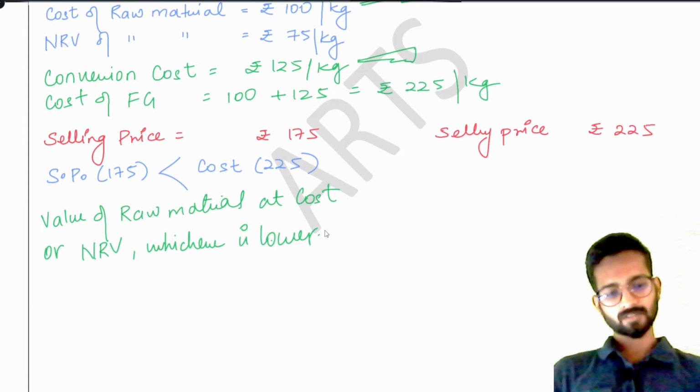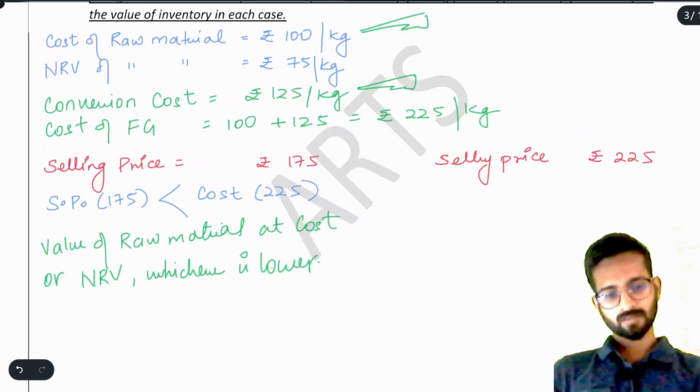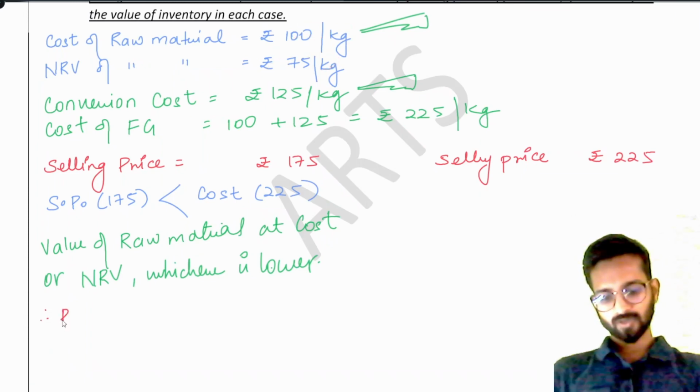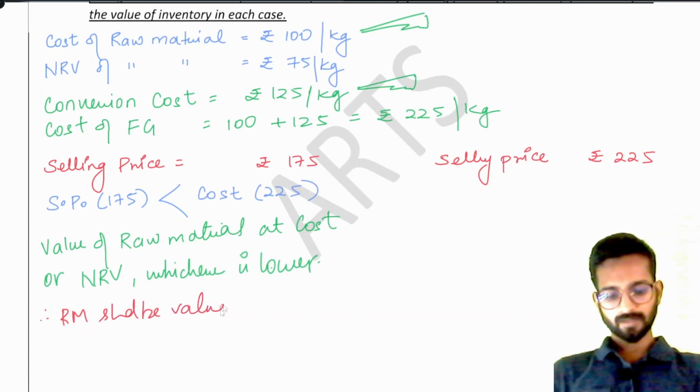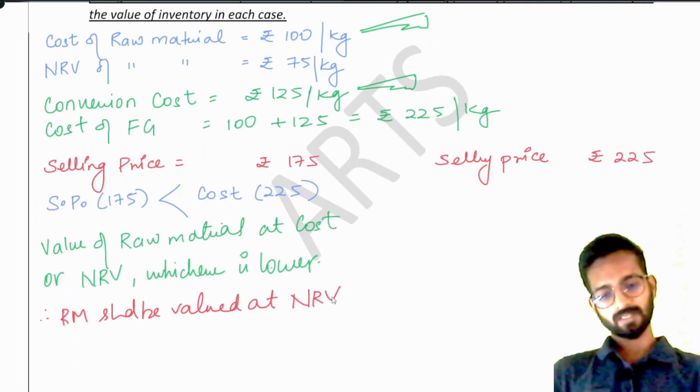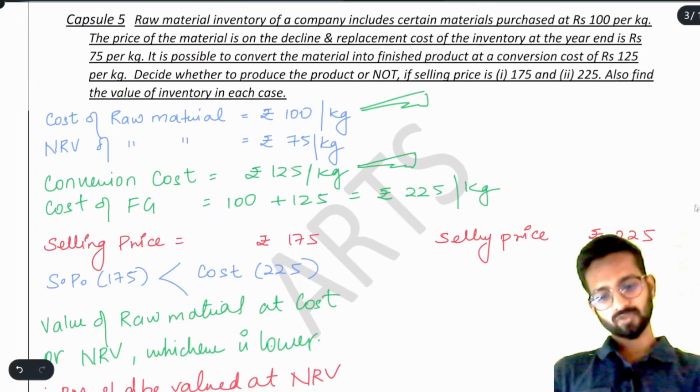And in our case, cost or NRV, which is lower? See, cost was 100, NRV is 75, which is lower, therefore raw material should be valued at net realizable value. Now understand one thing, they have also asked us to decide whether to produce the product or not.